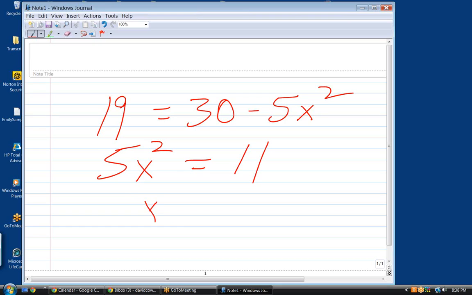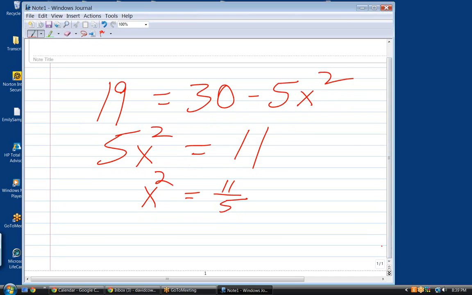Divide by 5. X squared equals 11 fifths. What next? Would you square root? Okay, what's the next line? x equals the square root of 11 fifths.